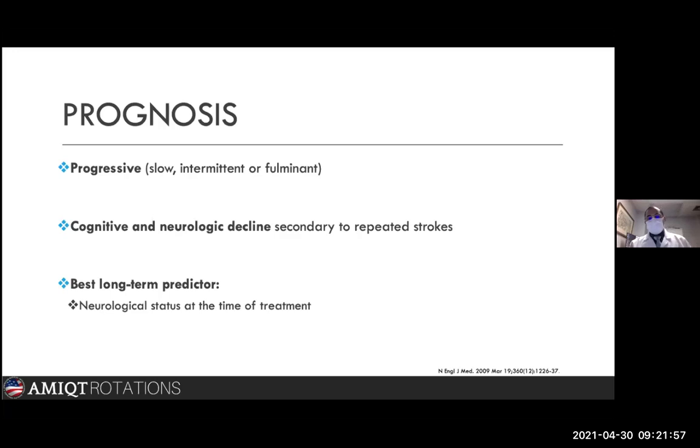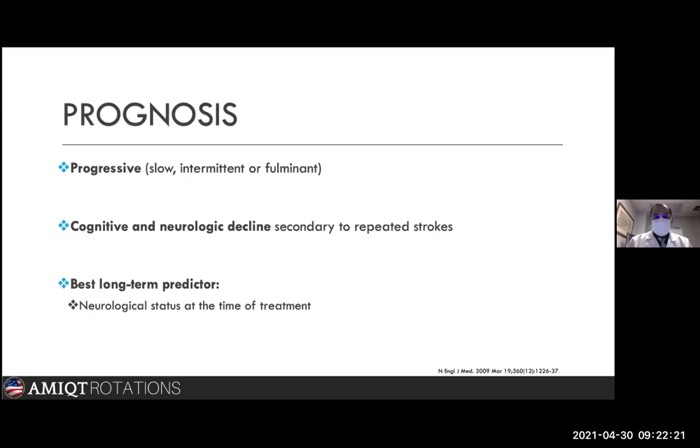Regarding the prognosis of this condition, it is progressive, and what could change is the rate at which it will happen. It could be slow, intermittent, or it could have a fulminant progression. With every episode of stroke that happens, some cognitive and neurologic decline will occur in patients.